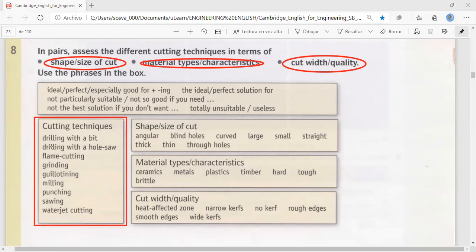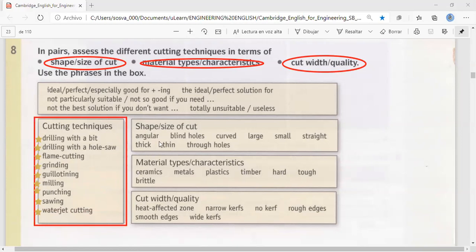The ones that we have on the left side. Drilling, you see them? Drilling with a bit, drilling with a hole saw, flame cutting, grinding, guillotining, milling, punching, sawing, water jet cutting. Actually, there are quite a lot of them.